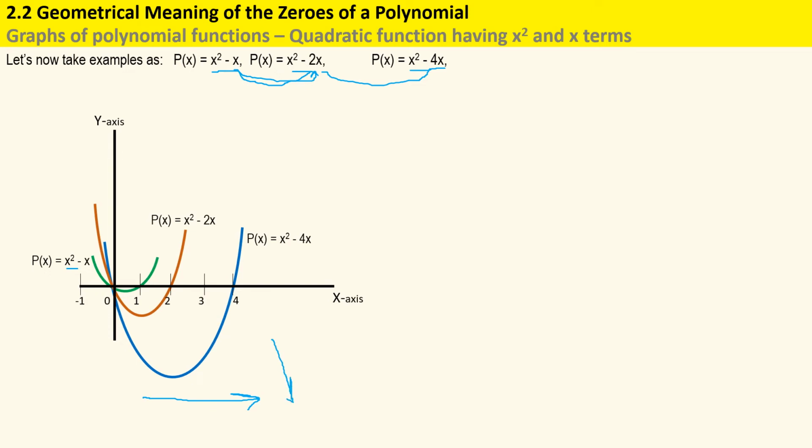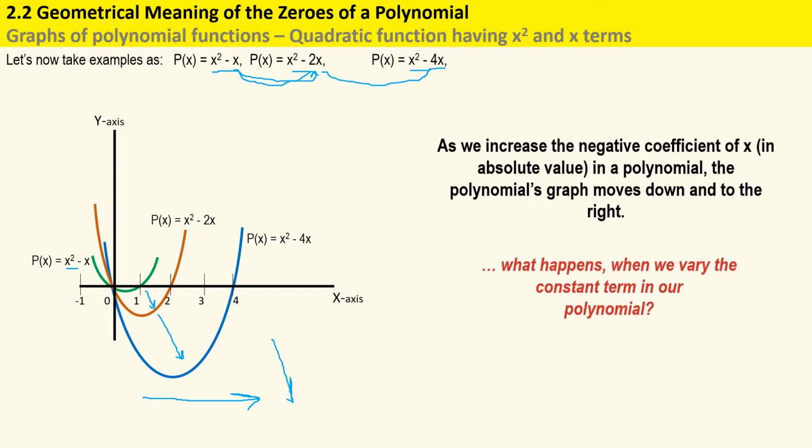So you see green is becoming brown, and then brown is becoming blue here. So we can say that as we increase the negative coefficient of x in absolute value in a polynomial, the polynomial's graph moves down and to the right. Here you see the graph has moved to the right and also a little bit down.